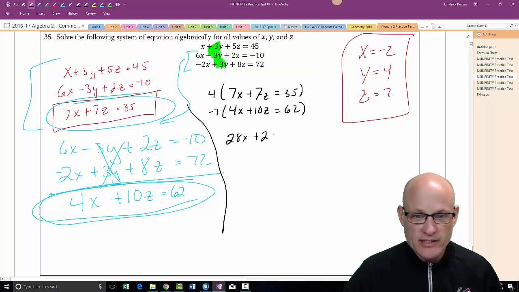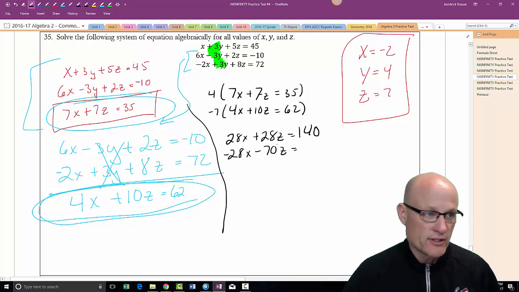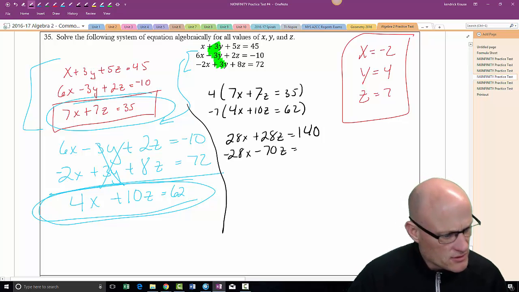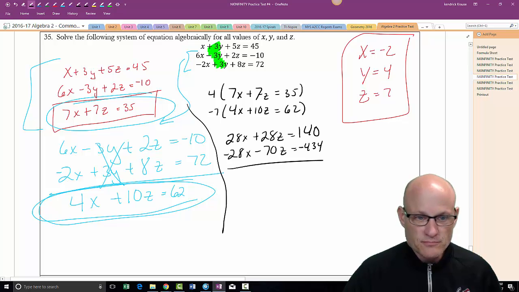28x plus 28z equals 7140. Negative 28x minus 70z equals 42 and 14, 420, 14, negative 434. Yes, negative 434.